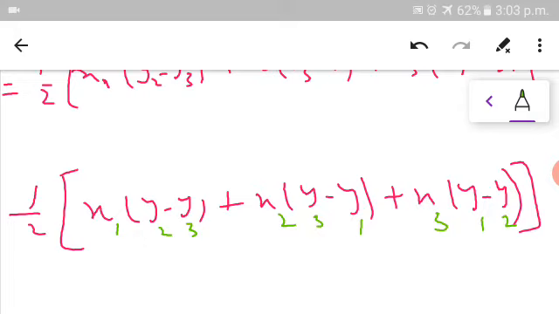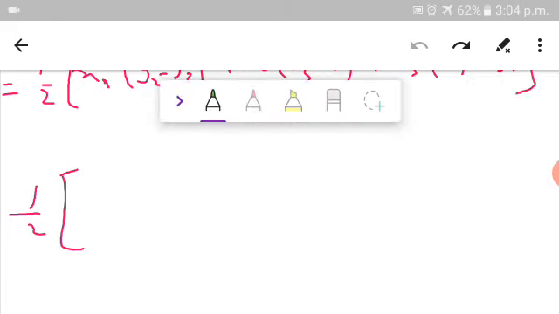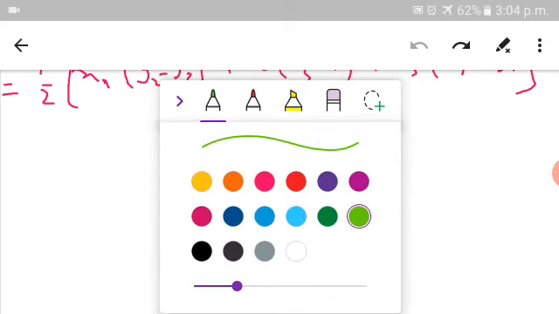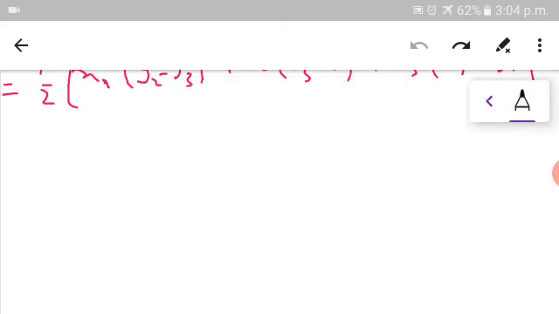Now let us take a small example, so we will know how to use this formula. So here is an example.